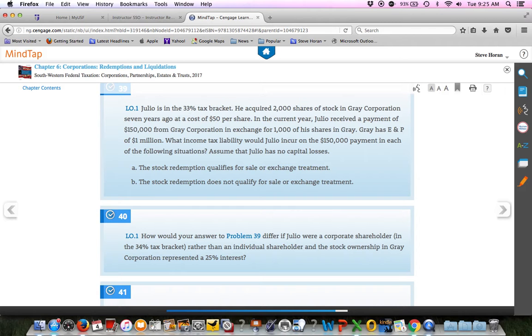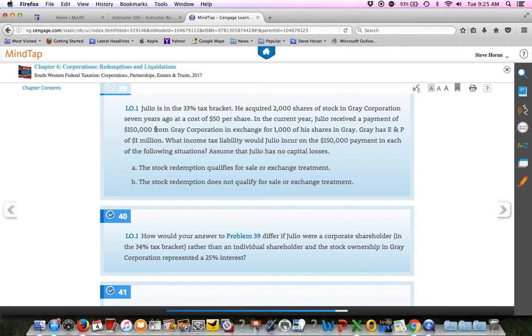In letter A, Julio's income tax liability would be $15,000, which is $150,000 realized minus the $50,000 basis. Hopefully everybody saw that the acquired cost was $50 per share, and this is for 1,000 shares, so it's for $50,000.